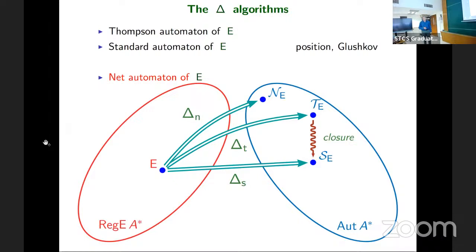another automaton, the net automaton, which is very similar to the Thompson automaton. Both the Thompson automaton as well as the net automaton have the property, or the drawback, I don't know what it is, that you have transitions which are labeled by letters, but you also have transitions which are labeled by the empty word.